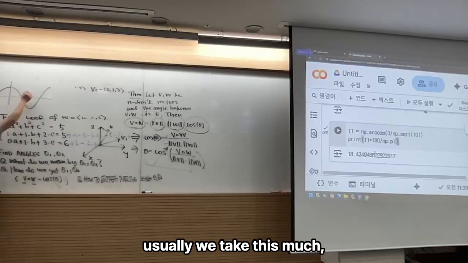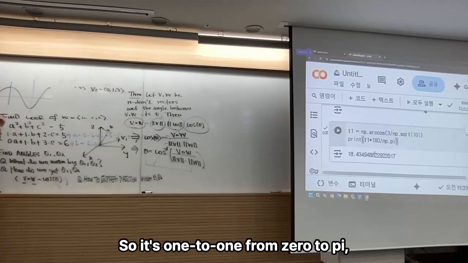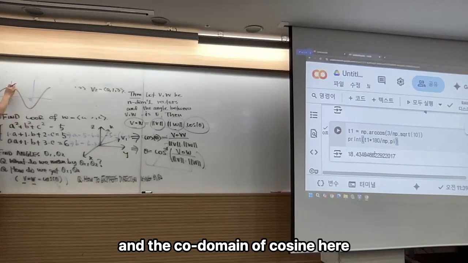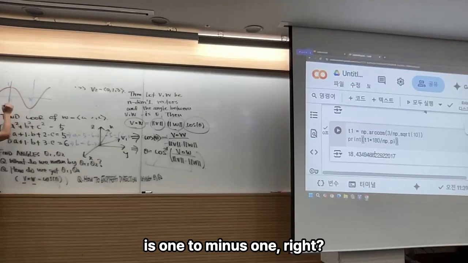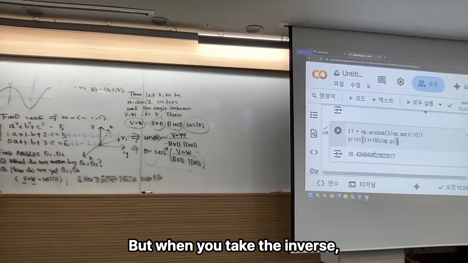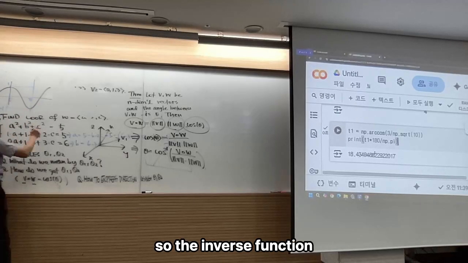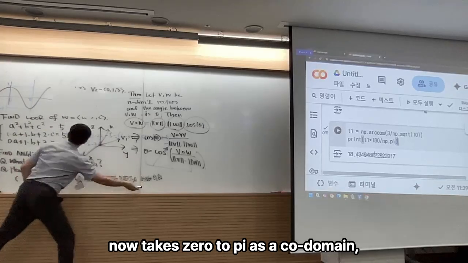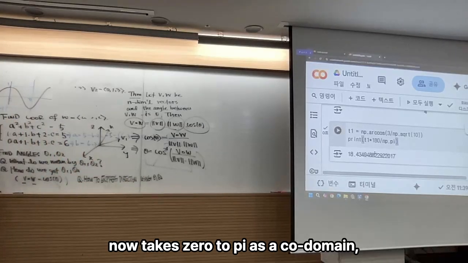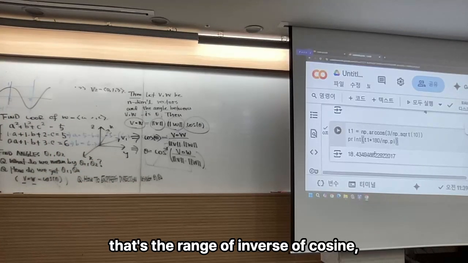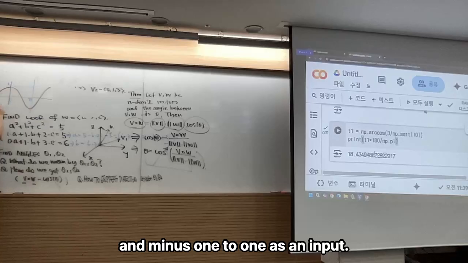Usually we take this much. Then it's one-to-one from 0 to pi, and the codomain of cosine here is 1 to minus 1, right? But when you take the inverse, you flip the graph. So the inverse function now takes 0 to pi as a codomain. That's the range of inverse of cosine, and minus 1 to 1 as an input.